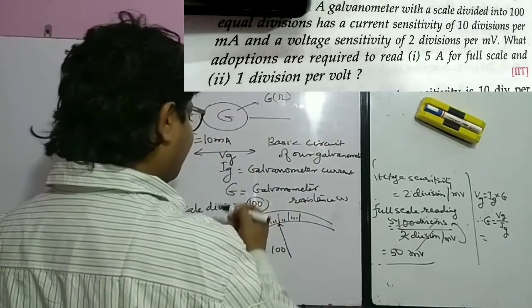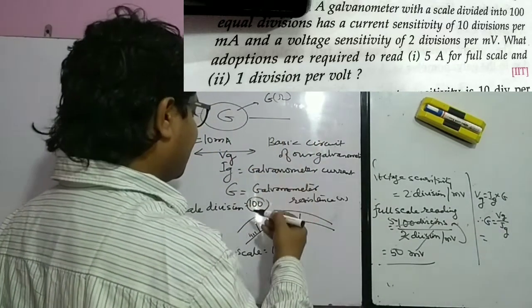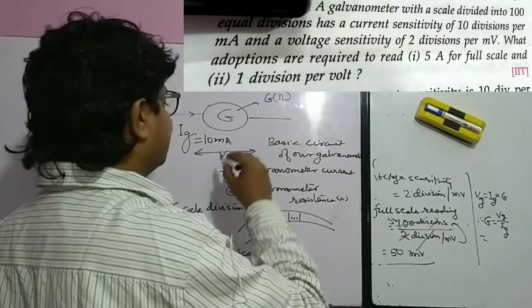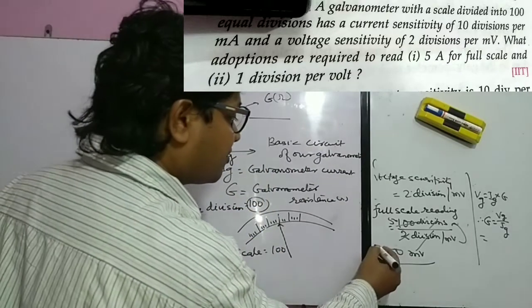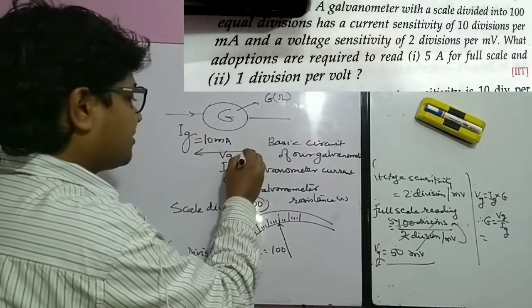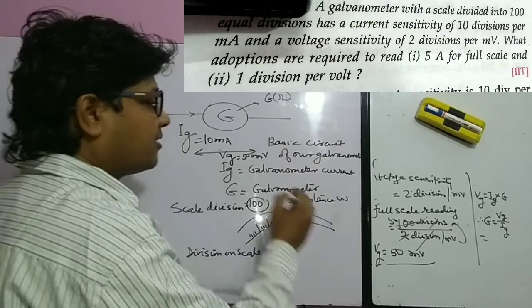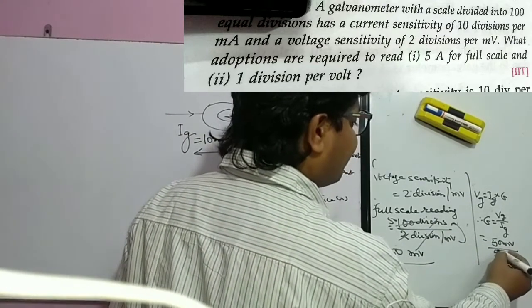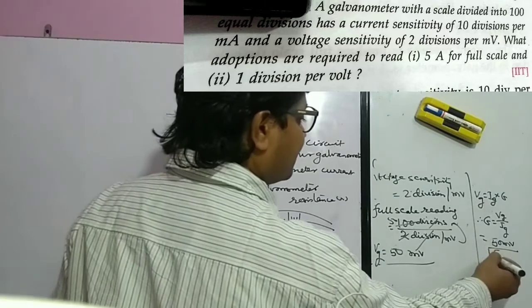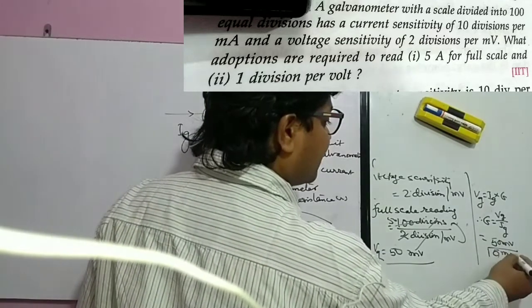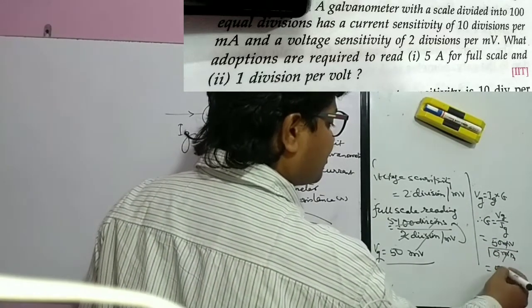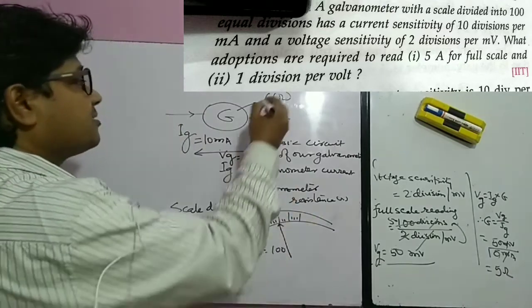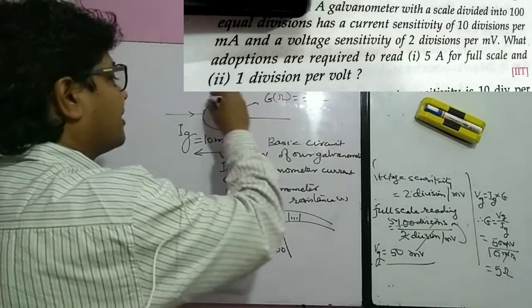So what is the value of Vg? This is your Vg. Vg is equal to 50 millivolt. So 50 millivolt divided by 10 milliampere, this gets cancelled. So this is 5 ohm. It means your galvanometer is of 5 ohm.